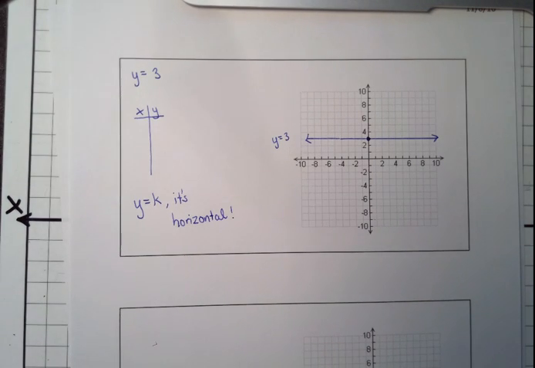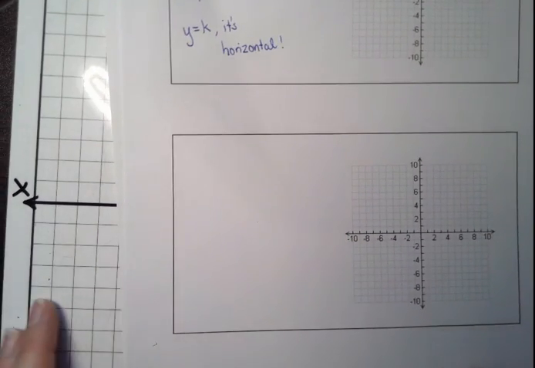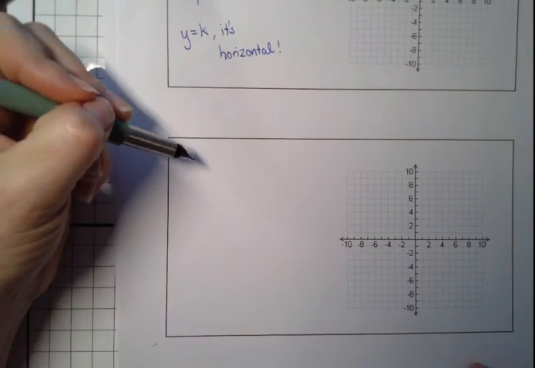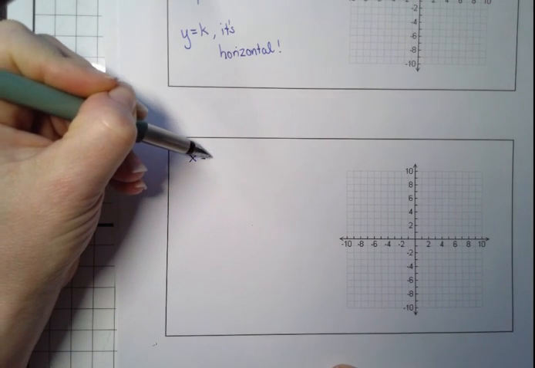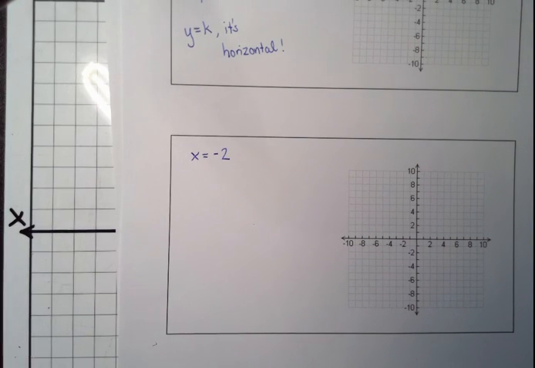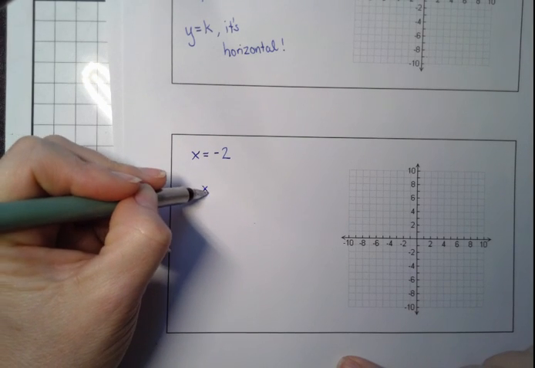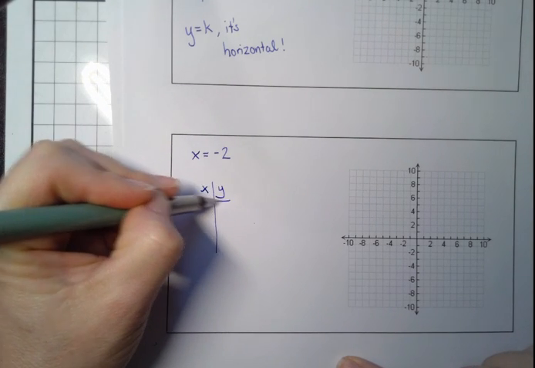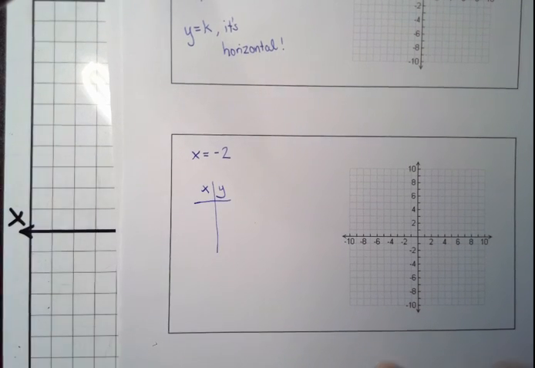Let's try another example of something kind of similar. So on the bottom, if I have something like x equals -2. So this is a similar thing because there's an x value, but there's no y value. So I could try to make an x and y table and plug in values of x, but x is always going to be -2.